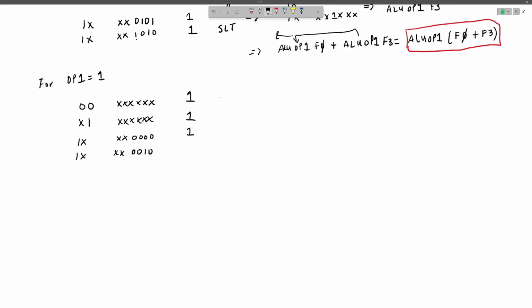And that one 0 1 0. And the final condition for 1.